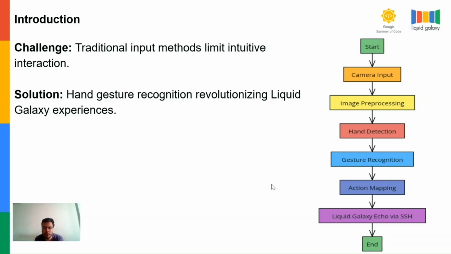The level of flexibility and ease is basically atypical when we use standard input methods like keyboard and mice. So the solution is to use hand gesture recognition to revolutionize the Liquid Galaxy experiences.